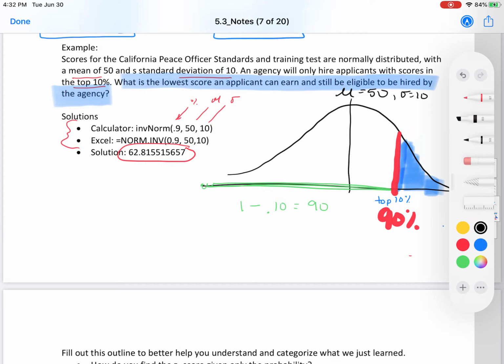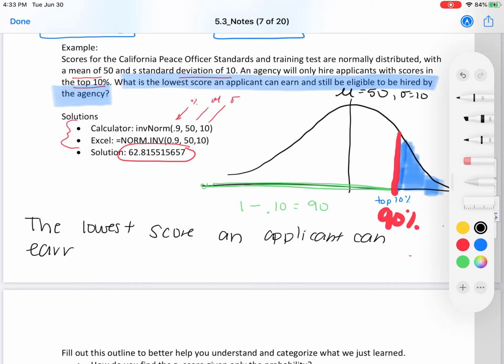The lowest score an applicant can earn is 62.81, or 63.